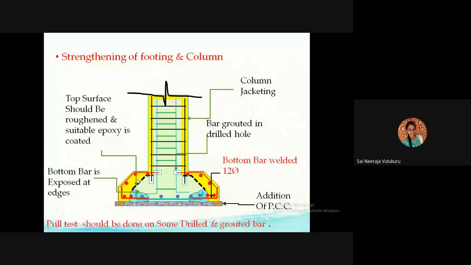The most important technique we use is column jacketing at the top, and then providing the bottom bars welded with 12 diameter bars. So bottom bars are going to be exposed at these edges. The red color marking shows how the footings can be strengthened using some additional bars. And after that, we want to do a pull-out test also in order to know how strong enough it is.